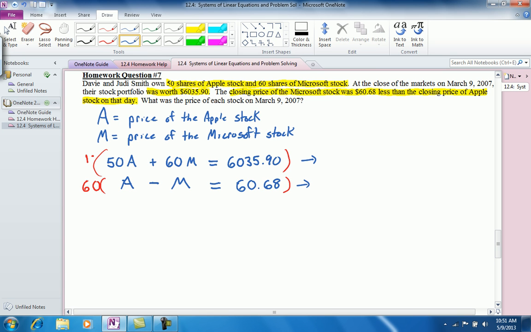So let's distribute the 1. It will not change the equation. So the top equation will stay 50A plus 60M equals 6,035.90. We'll multiply 60 and distribute it through the bottom equation.